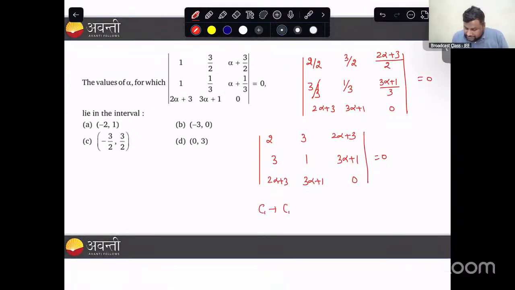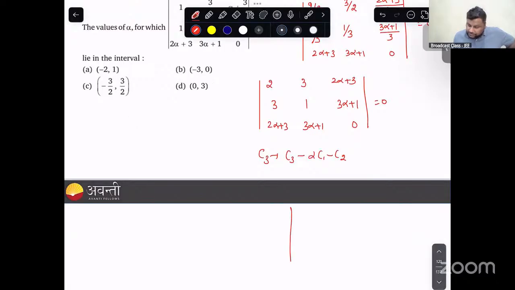Now I use an operation. C3, I write C3 minus alpha times C1 minus C2. Good. So C1, no change, 2, 3, 2 alpha plus 3.